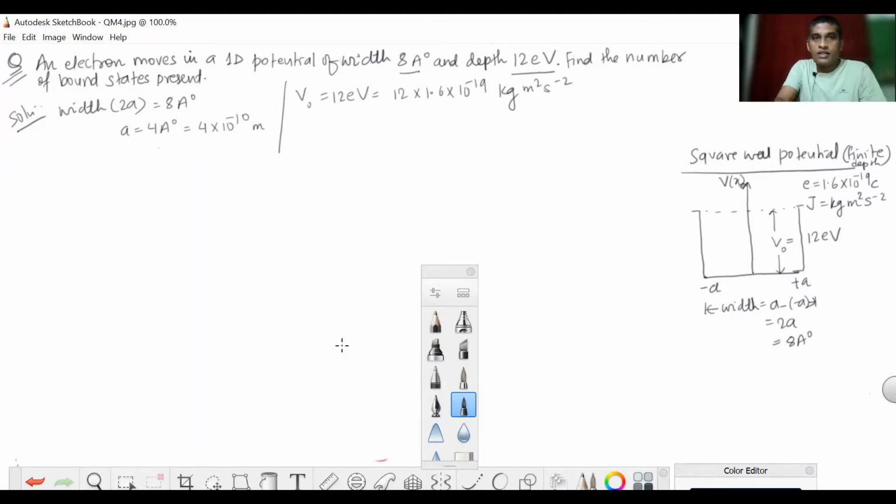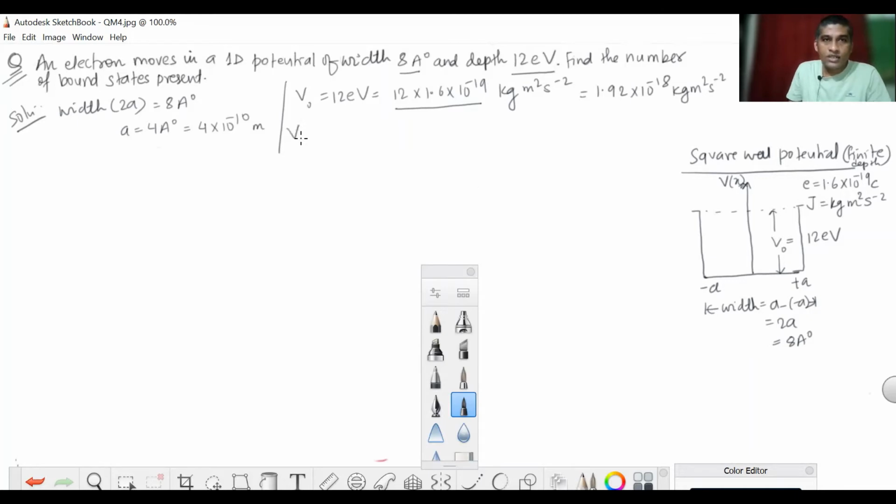Now let us calculate this: 12 into 1.6 into 10 to the power minus 19 gives us the value 1.92 into 10 to the power minus 18, and the unit is kg meter square second to the power minus 2.